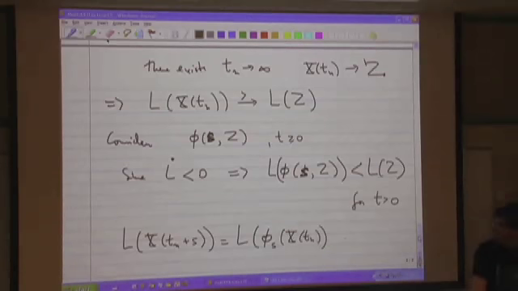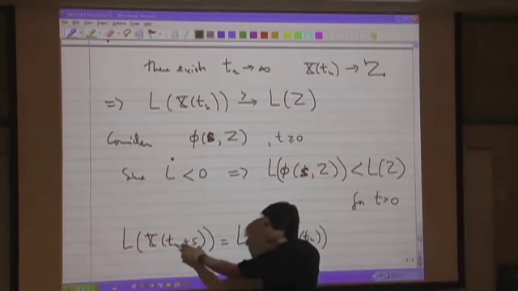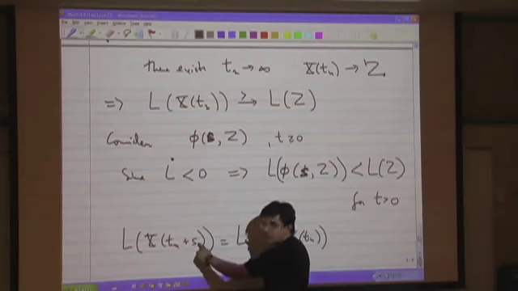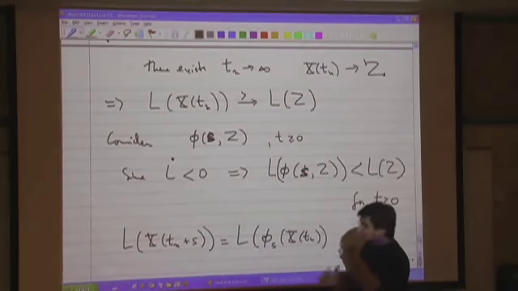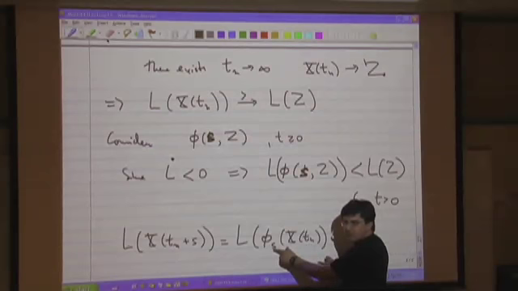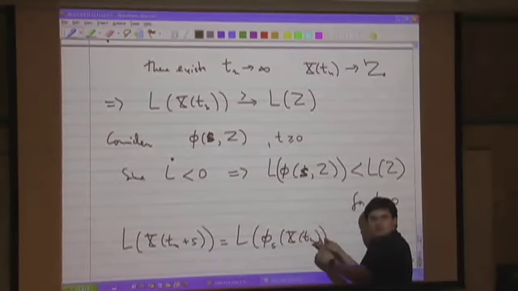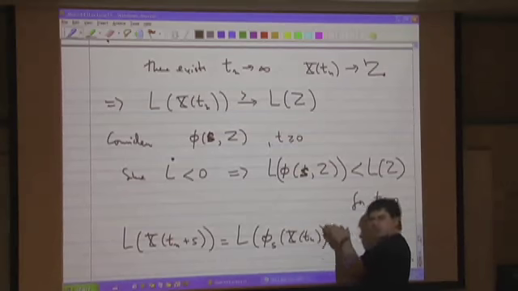Yes, I'm using the subscript. Remember the semigroup property: where are you going to be at time t plus s when you started at 0? It's the same as where you are when you let s units of time pass after you've reached the place where you were at t units of time.